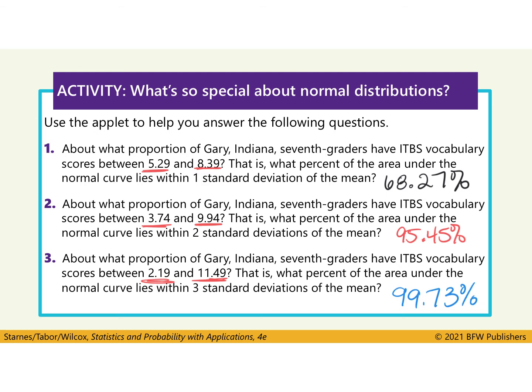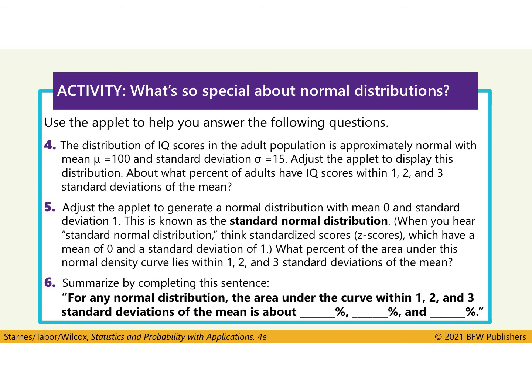Yes. So 99.7% should be within 3 standard deviations of the mean. That's almost all of it, right? It's always going to be those same exact percentages every time.